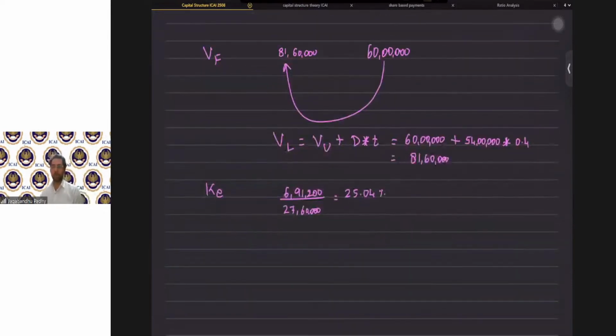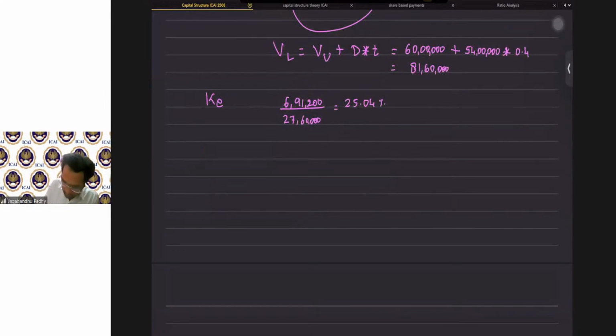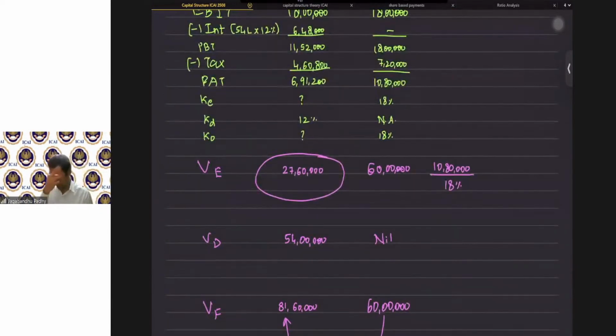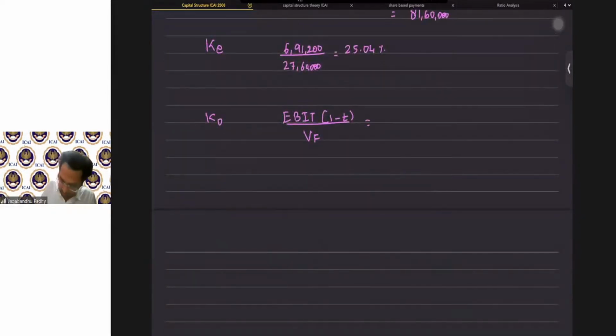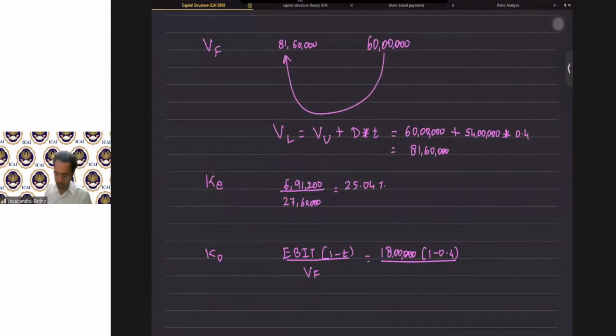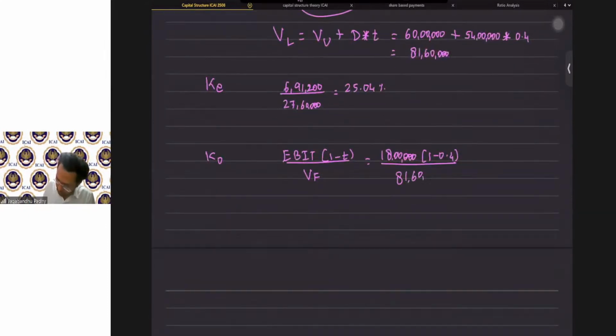Now, overall cost of capital. I've told you the shortcut method of calculating the overall cost of capital in case of debt. I hope you remember it. So the shortcut method to calculate KO is to go for EBIT into 1 minus tax rate upon the value of the firm. So EBIT is 18 lakh, 1 minus tax rate, which makes it as 18 lakh into 1 minus 0.4 divided by the value of the firm, which is 81 lakh 60,000.